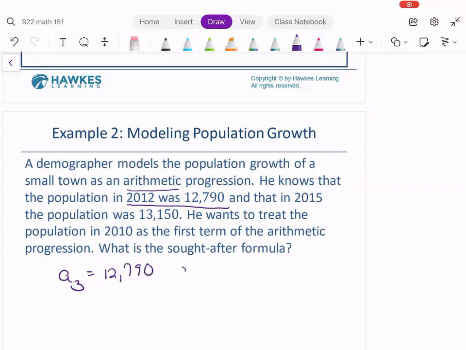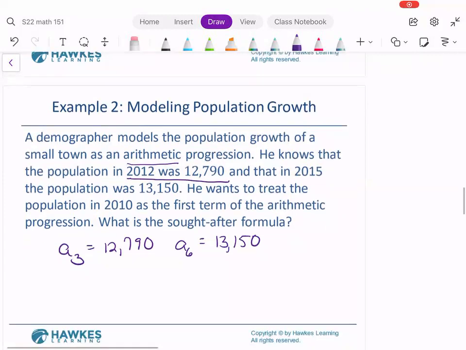So a sub 3 is 12,790, and that also tells us that a sub 6 is 13,150. We can let d represent the common difference. So we know that a sub 6 is going to equal a sub 1 plus 5 times d, but we don't know a sub 1.